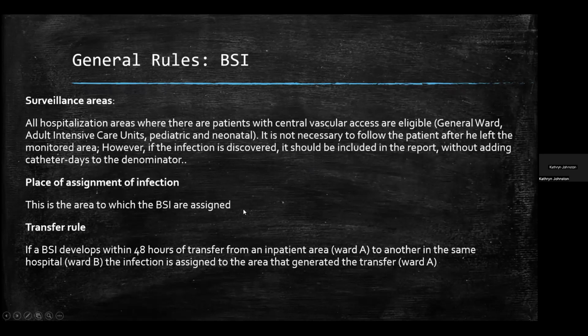You might be following a specific dialysis unit, which is another area where the assignment of the infection could be. And then in inpatient areas, there are transfer rules. So you have to look at where the patient came from and were they in the area long enough to say that it occurred there, or would you attribute it to the previous location?